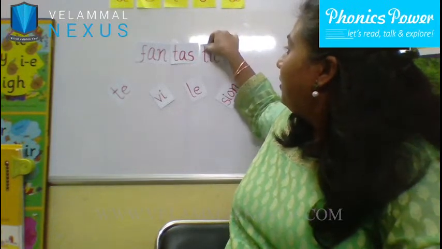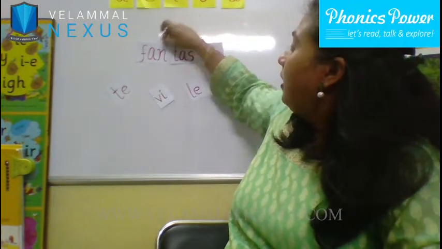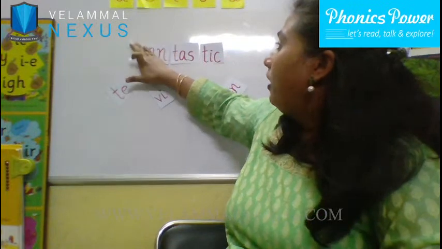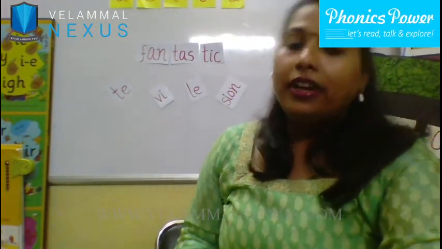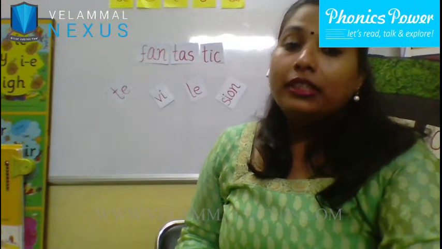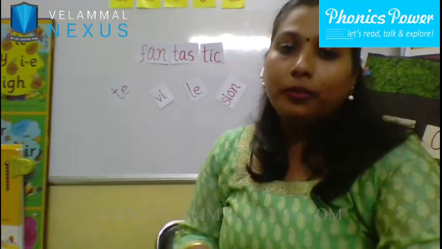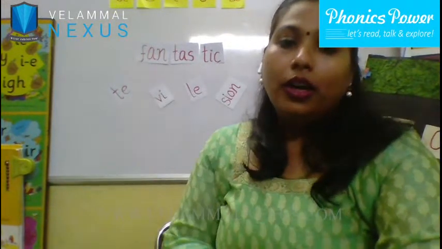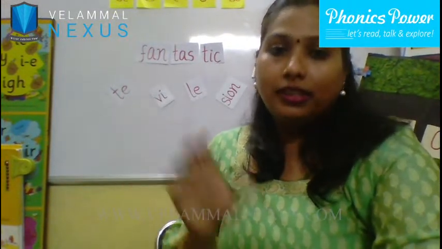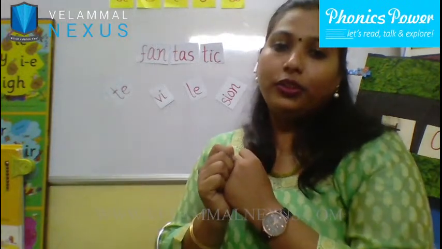Fantastic. So if you're teaching a younger one, maybe a grade 1 child, they find it very easy because they know the word. You have just told them the word. All they need to find is the appropriate word chunks or syllables and put them together to get the word.